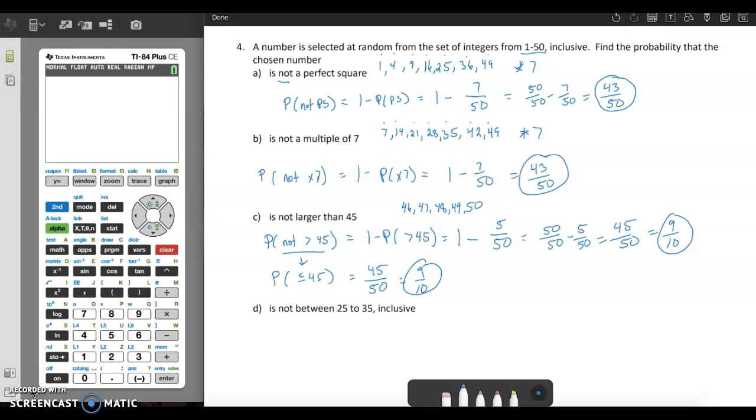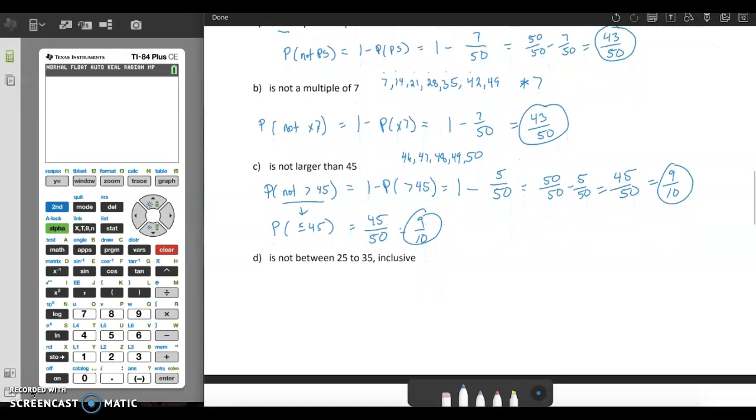Okay, what is the probability that the number is not between 25 to 35 inclusive? I'm going to use the complement rule here. The probability of being not between 25 less than or equal to x less than or equal to 35, because inclusive means equal to here. If we are not that, that would be 1 minus the probability that we actually are between 25 and 35 inclusive. Now be very careful here.